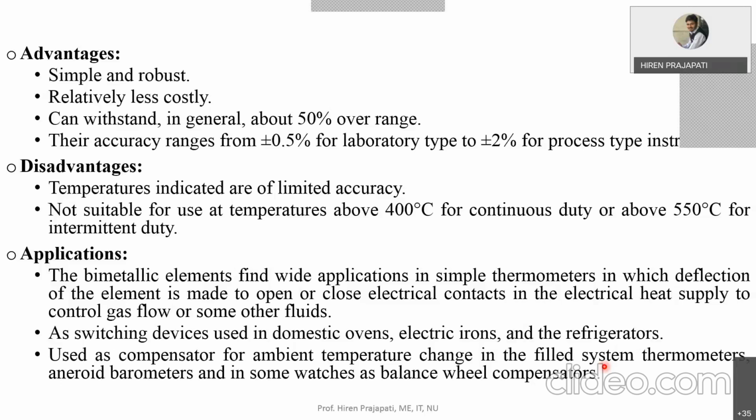So to suppress that ambient effect in filled-system thermometers, we use a bimetallic strip as a compensator. This is just an idea about the application of the bimetallic element in filled-system thermometers, right?